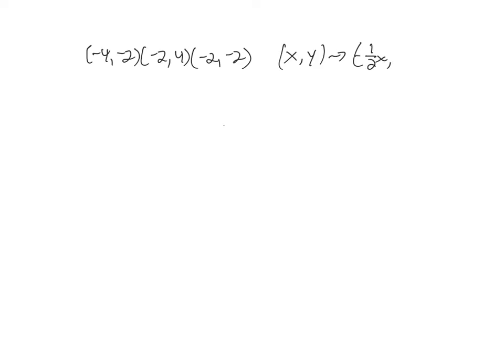So what happens if we have a negative? Okay, so if we put this on a graph, -4, -2; -2, 4; and -2, -2.